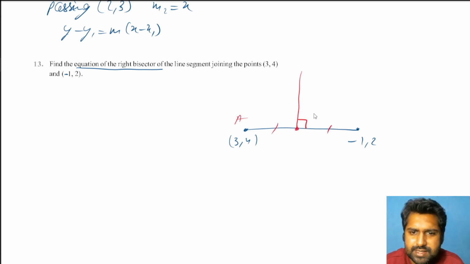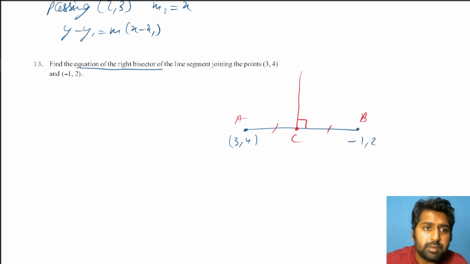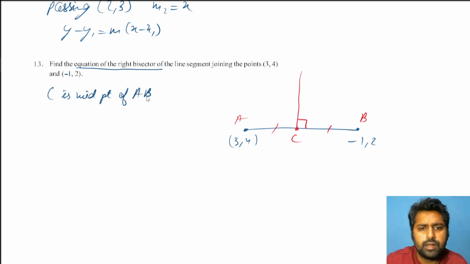Let's call these 2 points A, B. Let's call this point C. So if it is a right bisector, then definitely C is the midpoint of AB. If it is a midpoint, what do you do? You do x1 plus x2 by 2. So coordinate of C will be x1 plus x2 by 2.